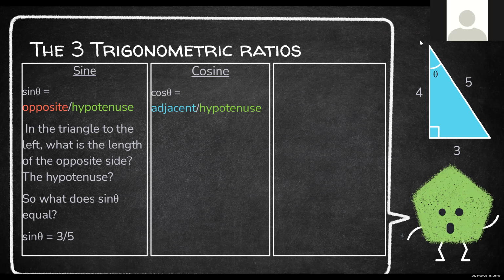Okay, so remember, firstly, the adjacent side is the leg, not the hypotenuse, that is next to the angle. So in this figure, we can see that the leg that is next to this angle is 4, right? Because it's not opposite and it's not the hypotenuse. So it must be the adjacent side.